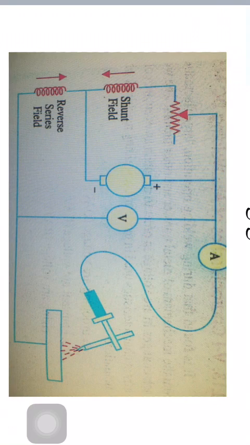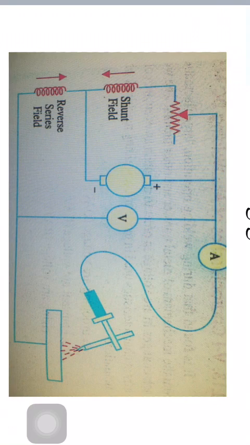The series winding produces a magnetic field which opposes that of the shunt winding. On open circuit, only the shunt field is operative and provides maximum voltage for striking the arc.